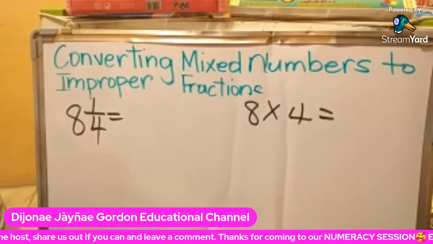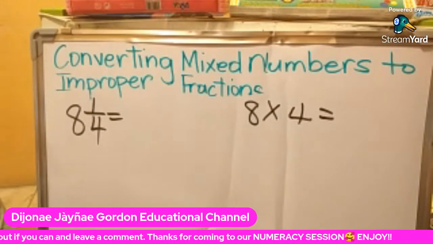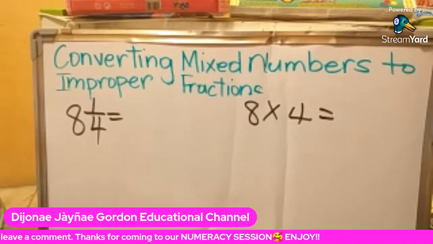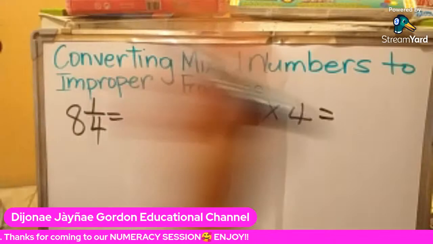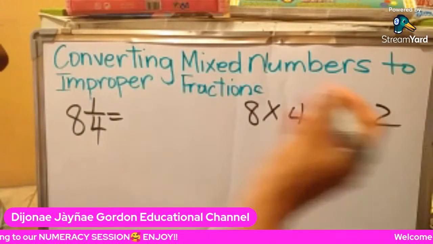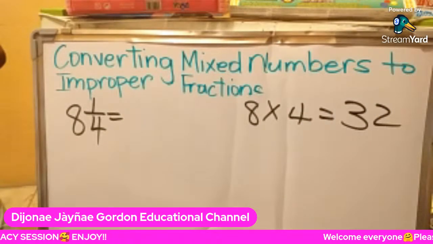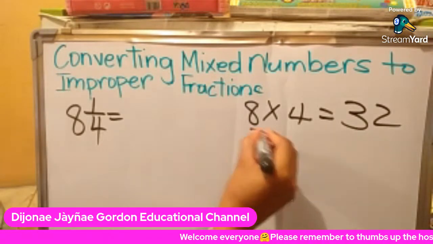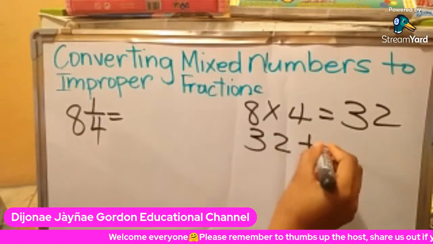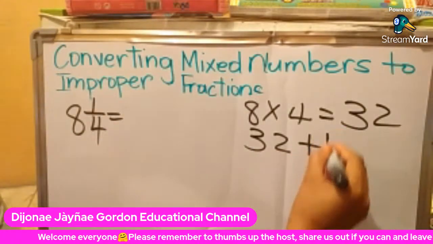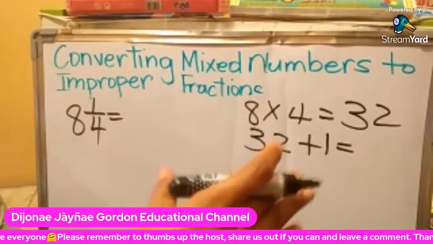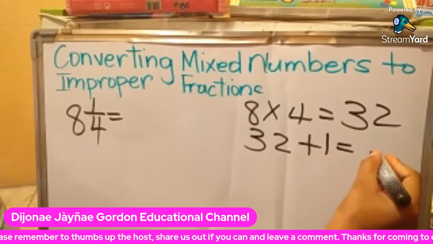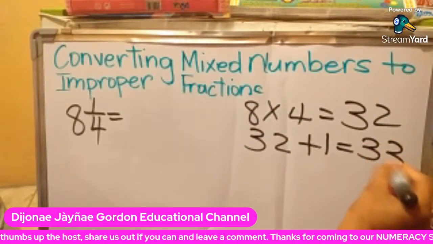And if you don't know your 8 times, you must know your 4 times. Because either way you take it, you will get the same 32. 8 multiplied by 4 is 32. So now you are going to add 32 to your numerator, which is 1. And 32 plus 1 gives you 33.